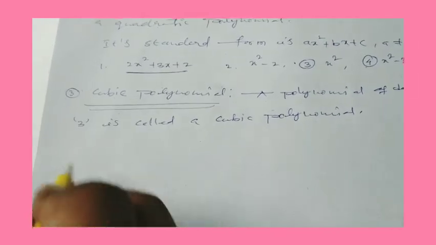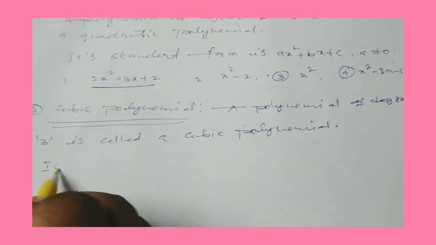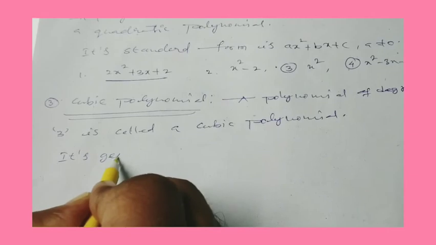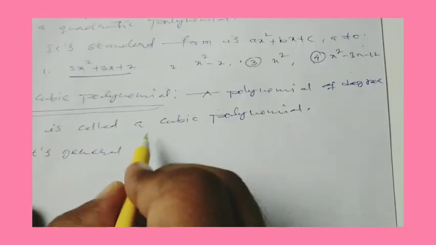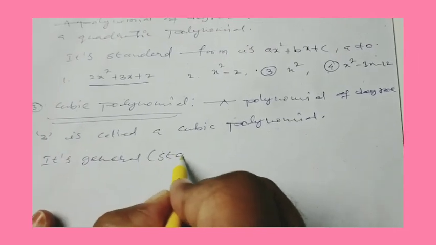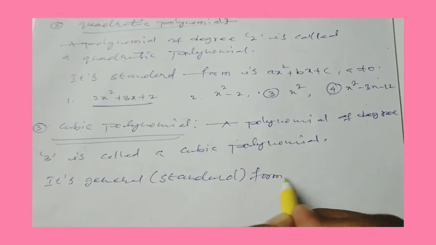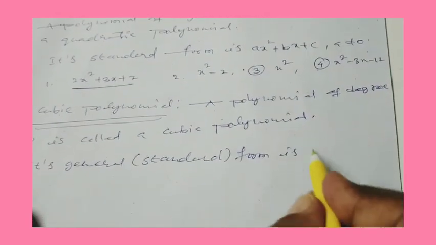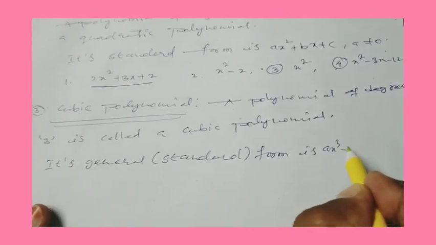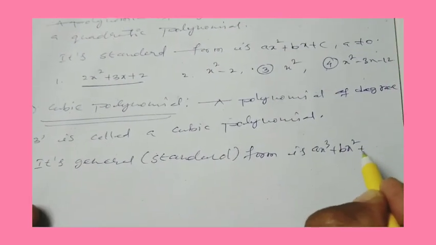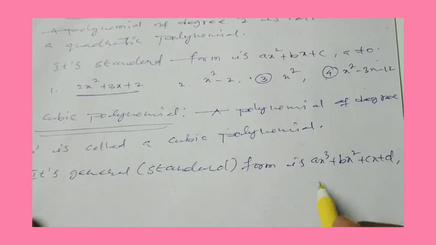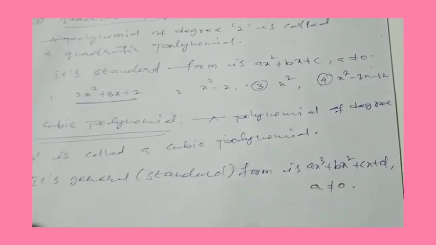Its general or standard form is ax cube plus bx square plus cx plus d. Here a not equals to 0.